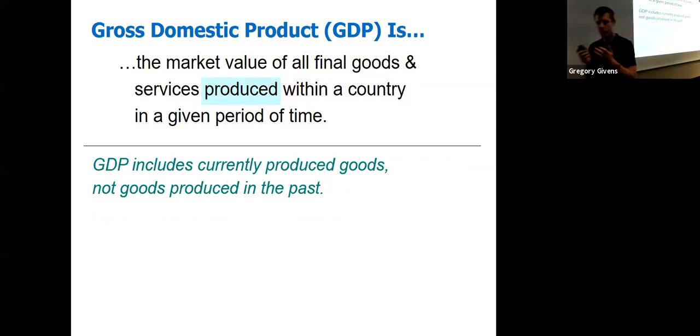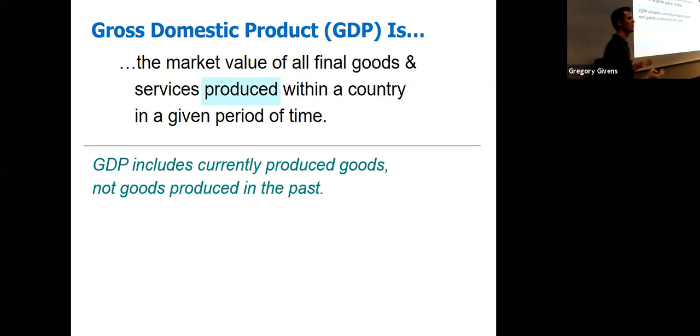So, for example, if you were to purchase an existing home, not a newly built home, even though that existing home might cost you $400,000, that transaction doesn't add to current GDP. If you were to buy a used car, even if that car cost you $25,000, that doesn't make a contribution to current GDP. On a lower scale, if you buy anything from a garage sale or a secondhand store or something like this, these are used items. The market value of those transactions don't get incorporated into GDP.